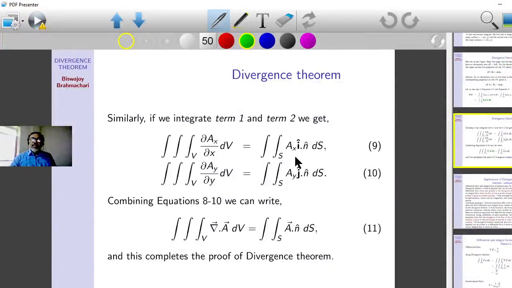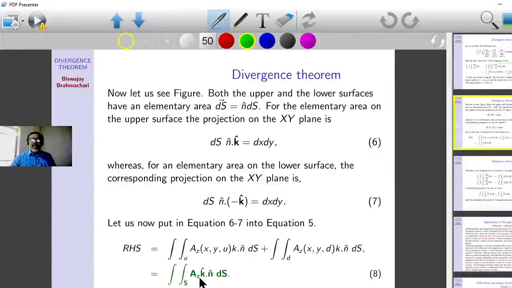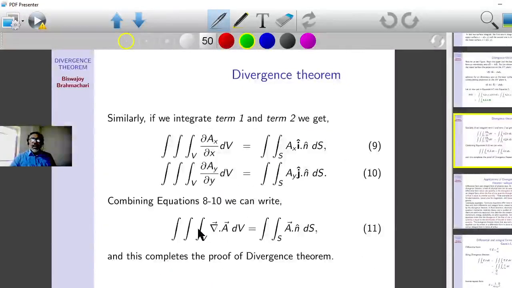So three terms: ax i dot n ds, ay j dot n ds, and az k dot n ds. That means ax i plus ay j plus az k dot n ds, and ax i plus ay j plus az k is A, then A dot n ds.